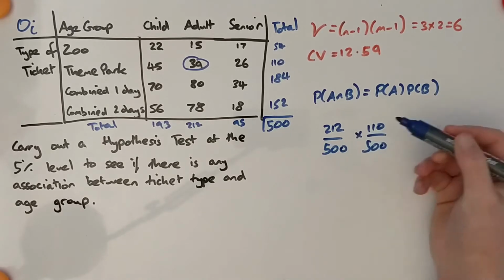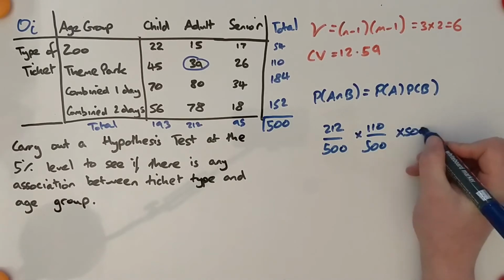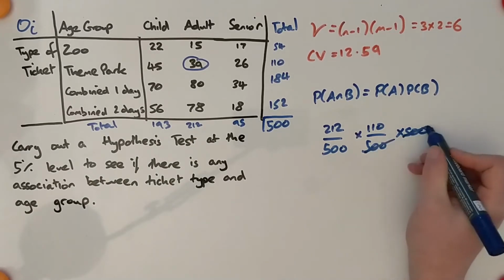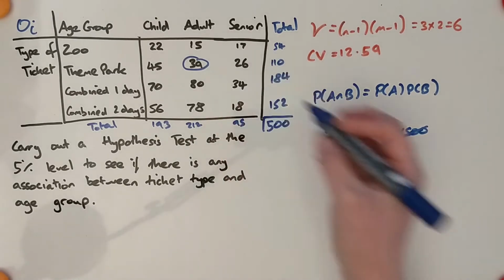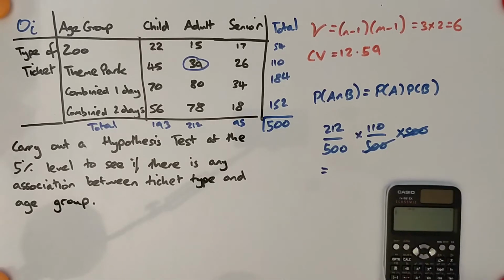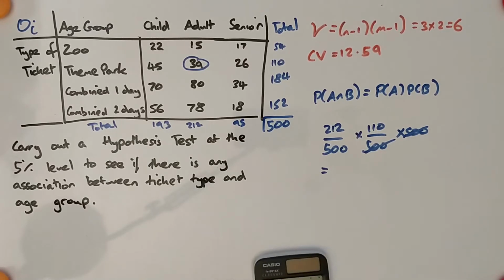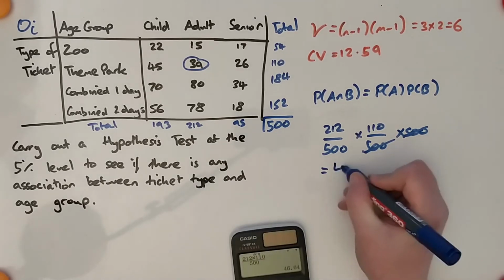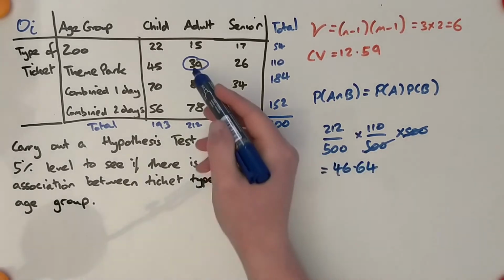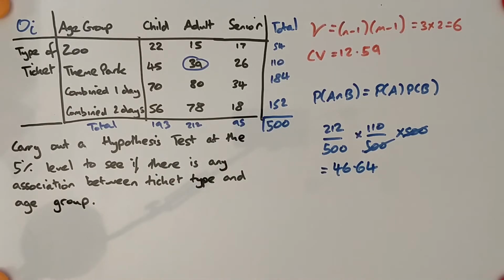And then because we want an expected frequency, we times it by 500. We can simplify this because those 500s can cancel. So the expected value of this one would be 212 times 110 divided by 500, which gives me 46.64. That is the expected amount in that cell.